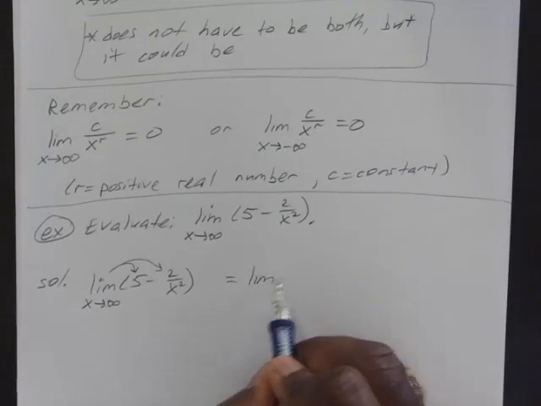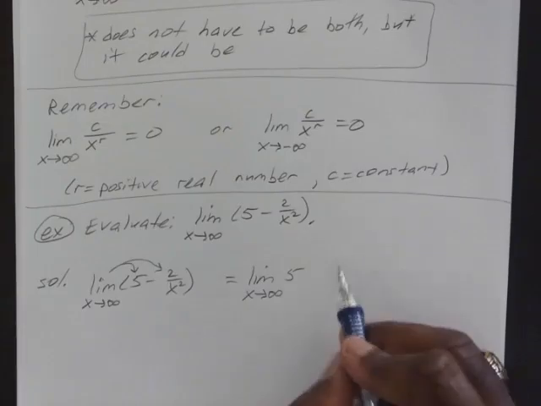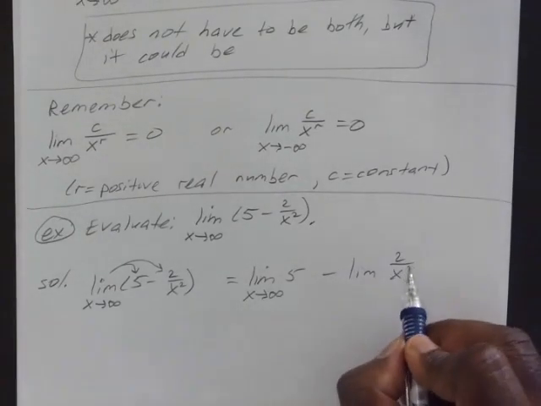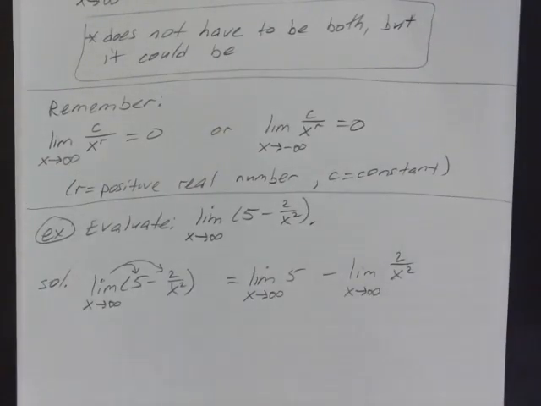That gives us the limit of 5 as x approaches infinity minus the limit of 2 over x squared as x approaches infinity.